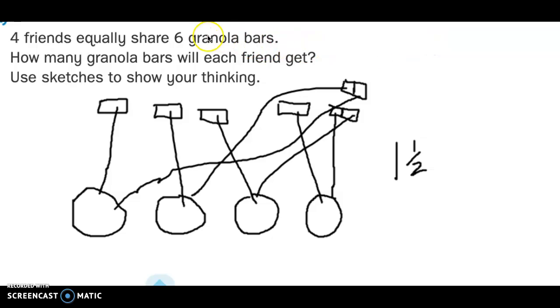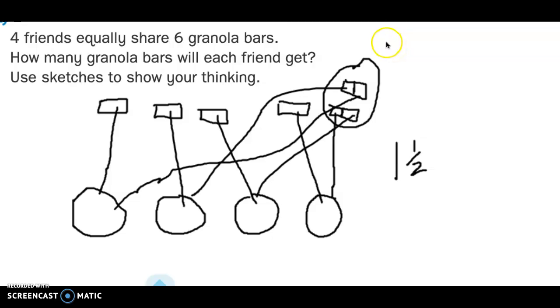If we had 6 pennies and 4 friends, we could give each friend 1 penny. But how many would we have left over? If we gave everybody 1 penny, we would have 2 pennies left over.